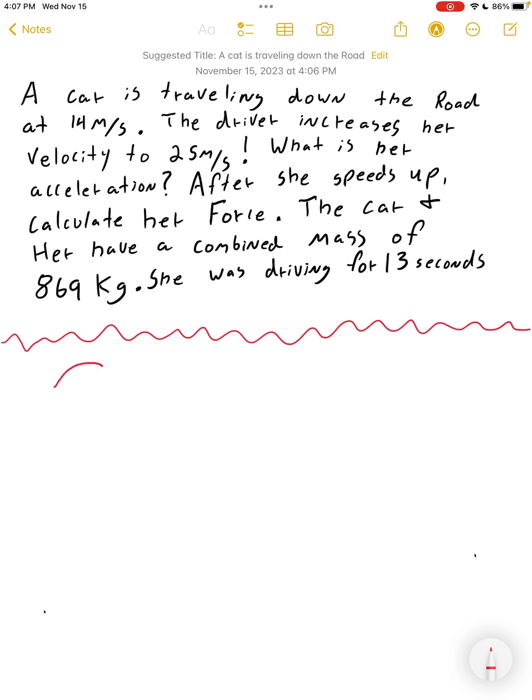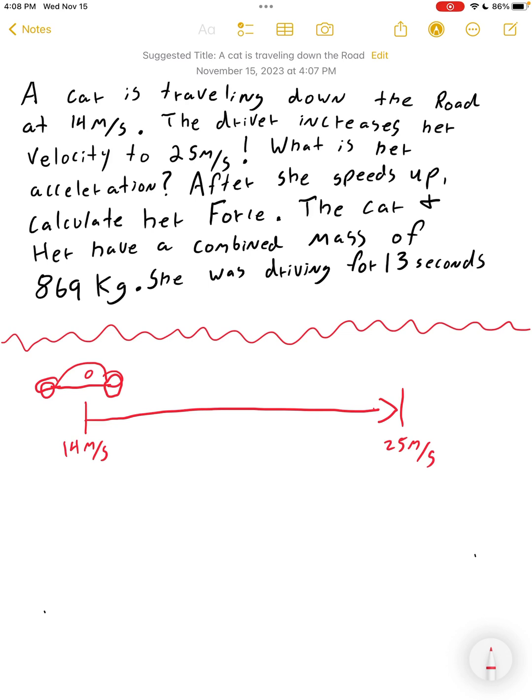Basically, what's happening is this lady, this is a horrible car, she is driving this car from a starting point to an ending point, okay? And what do we know here? We know that she started at 14 meters per second. That's about 50 kilometers per hour. And then she accelerated to 25 meters per second.